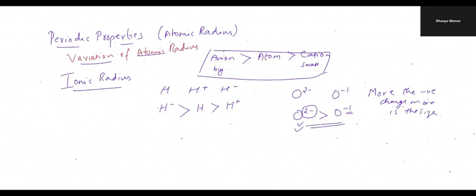Similarly, if I take an example of chromium 3 plus and chromium 6 plus. In grade 12, you have a lesson on different oxidation states of these transition metals. You will be learning that some transition metals have more than one oxidation state. For now, if I have given you 2 ions, chromium 3 plus and chromium 6 plus, who is bigger and who is smaller?